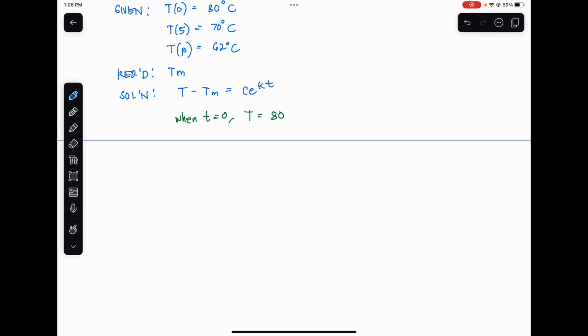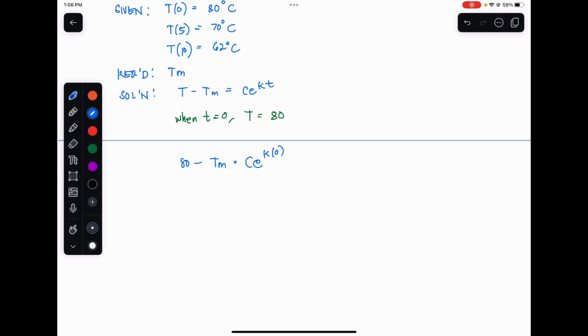So that makes it 80 minus T sub m, which is unknown, equal to C e raised to k times 0, and e raised to 0 is 1.